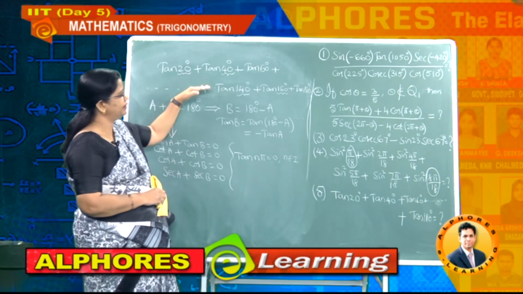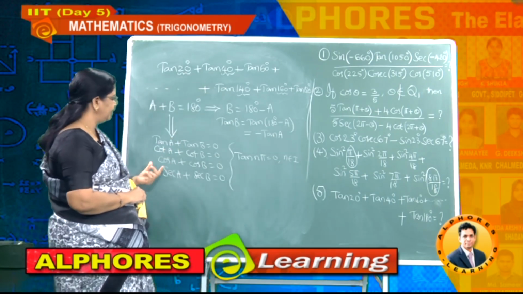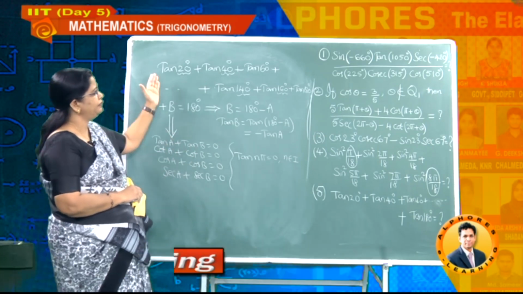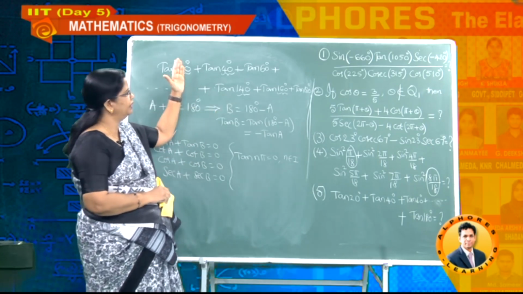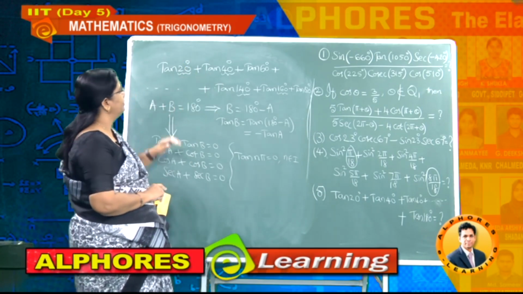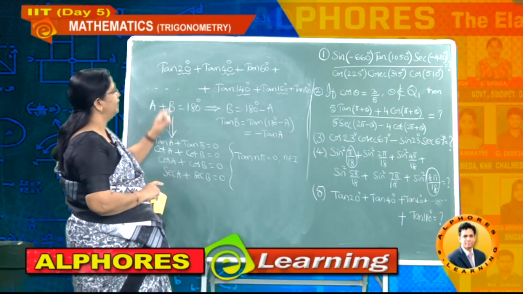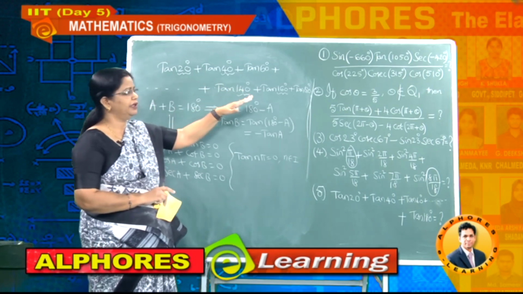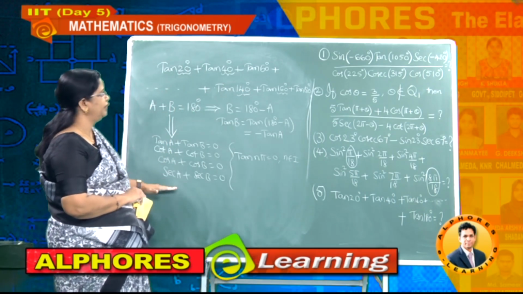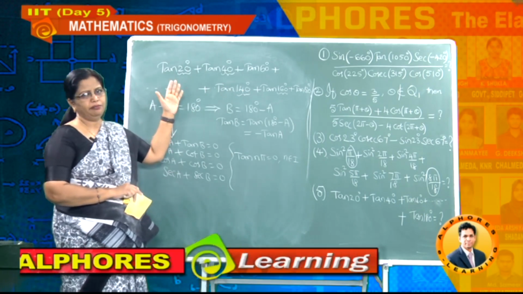If the number of terms is even, you can get pair values. If the number of terms is odd, then in the middle one term is hiding. But in this problem, luckily, the number of terms is even, hence here there is no need of checking the middle term.